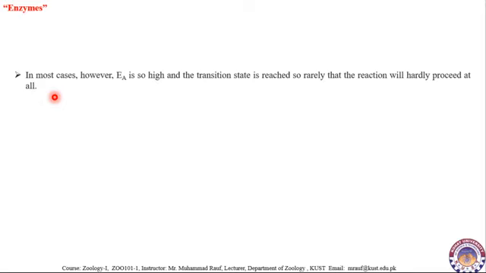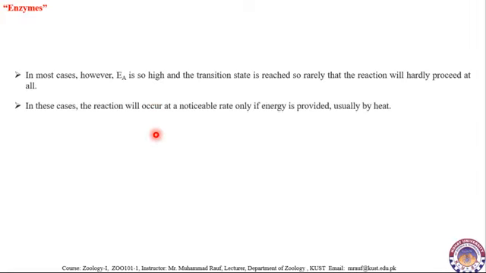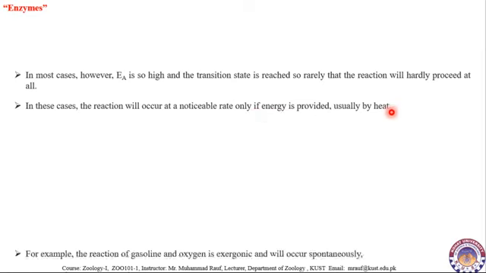The release of that much activation energy suddenly will even result in the death of the cell, and this reaction will not be feasible for the cell. In these cases, the reaction will occur at a noticeable rate only if energy is provided, usually by heat.